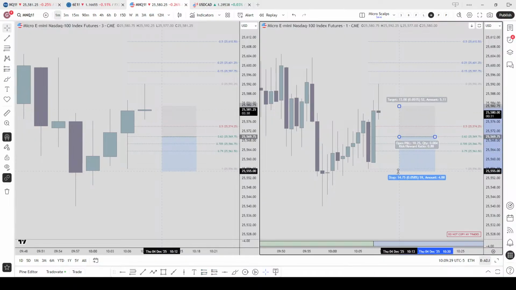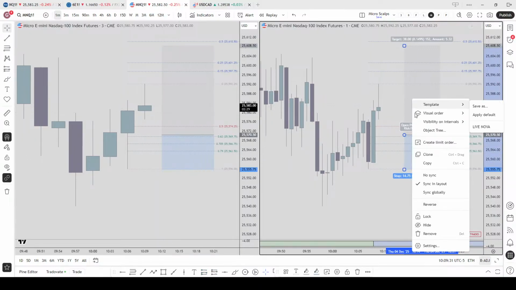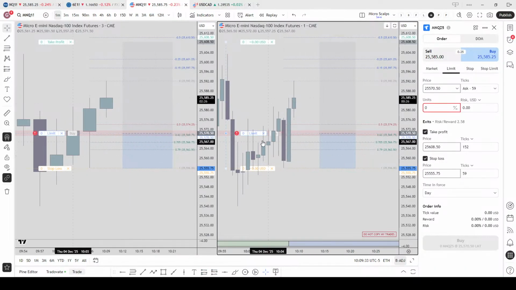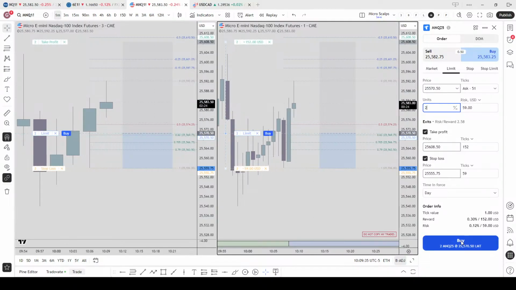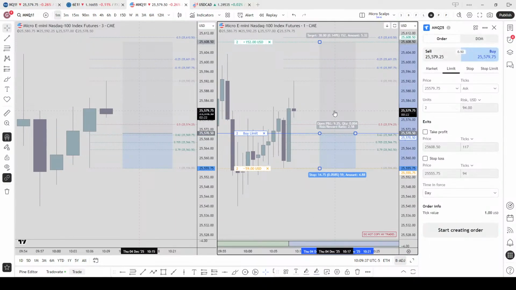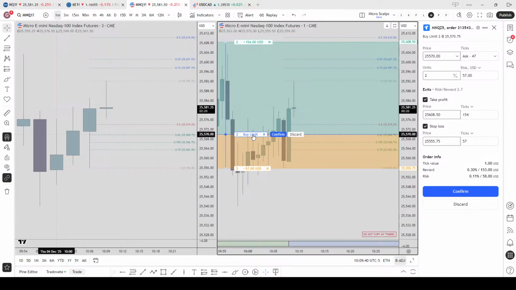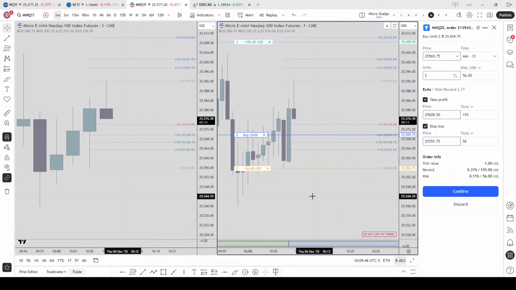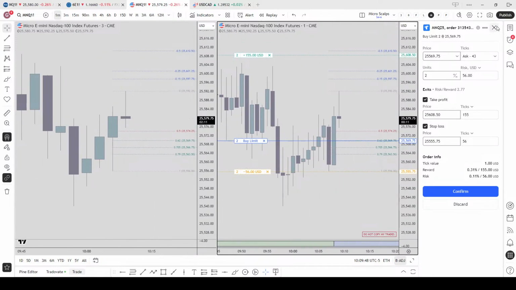You see how it's very, like, the friction is there. And even if I want to use the values on the E-mini, it's going to be difficult.